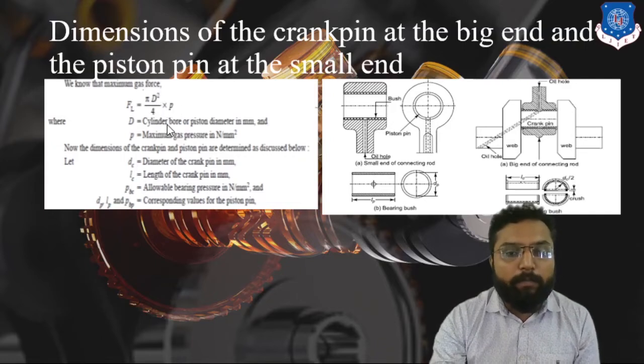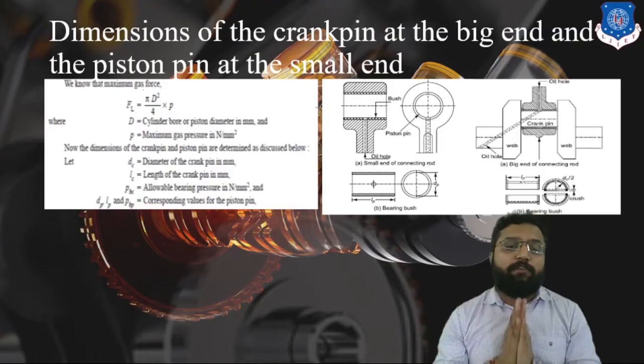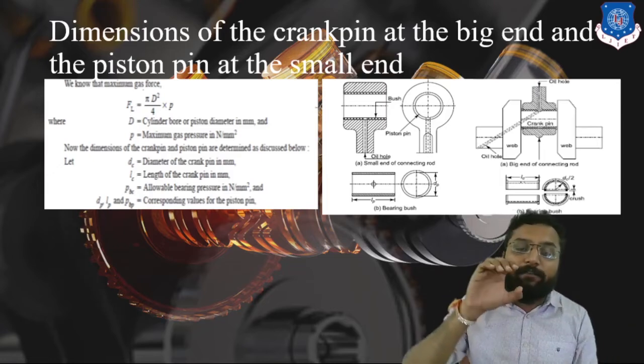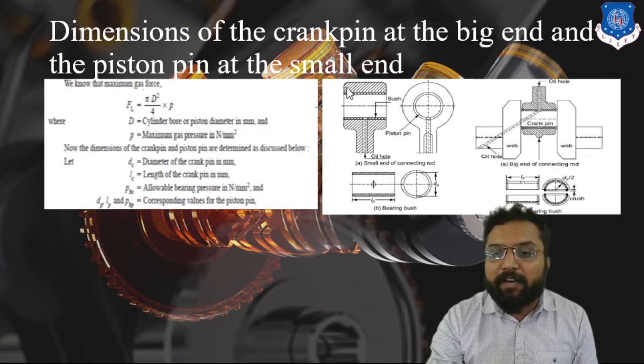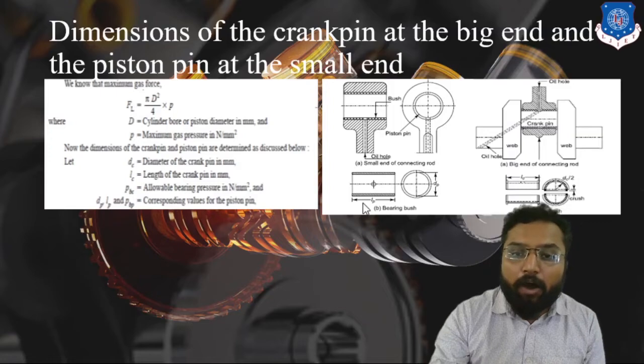So this is going to act on your piston pin, and due to this force your piston pin will become under lateral force, which is also called bearing stress, in this lateral area. So there will be a rubbing effect between your piston pin and small end and crank pin and big end, so that will create a bearing pressure.